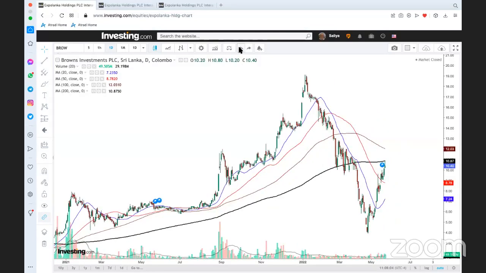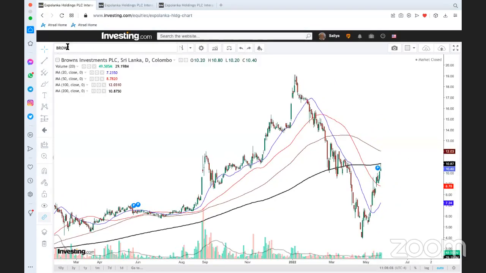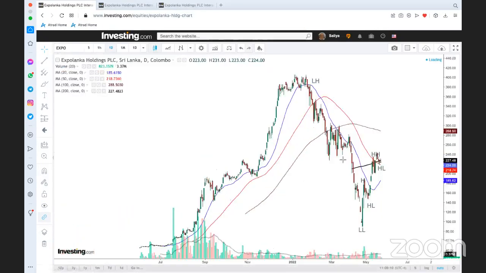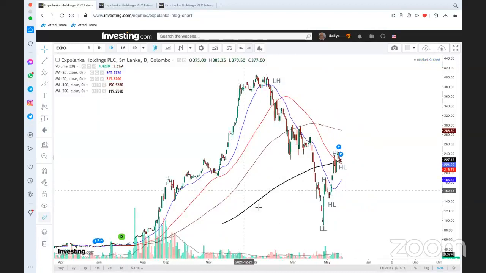Let's go to Expo Lanka and look at the volume behavior along with the high-low formation. You can see that the volumes have increased here relative to this area. Thereafter, there is an uptrend.